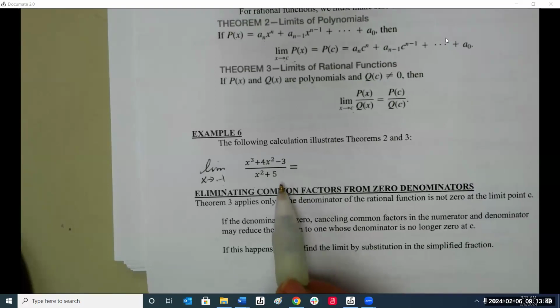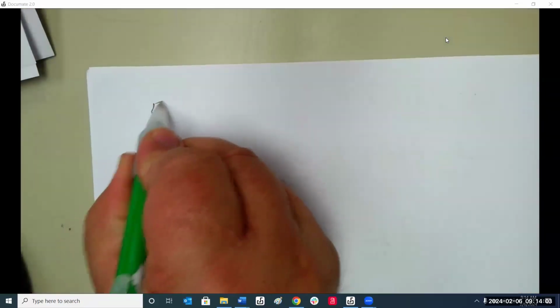So what would you do here with this example? Example 6.